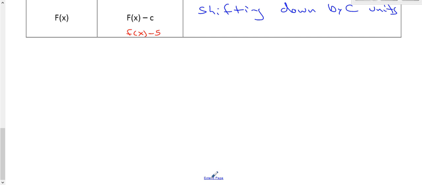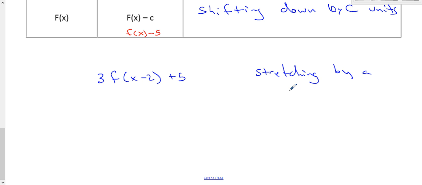Okay, so let's look at a couple examples. So if I have 3f of x minus 2 plus 5, I've got two numbers on the outside affecting this vertically. The 3 is a multiplier, so this is stretching by a factor of 3.